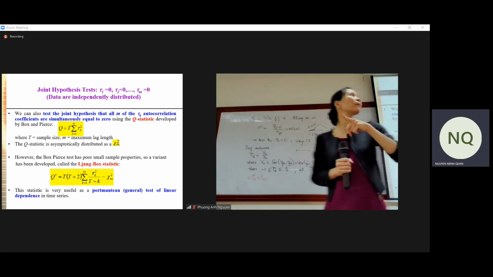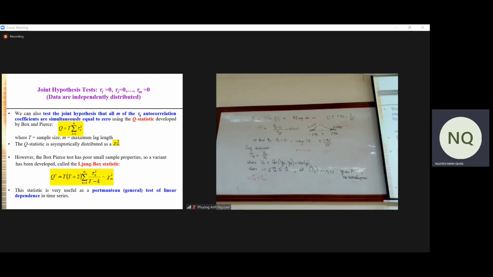So what is m? m is the number of restrictions in H0. So here you have tau 1, tau 2, up to tau m. In case you have m restrictions, the test statistic will follow a chi-square distribution with m degrees of freedom.